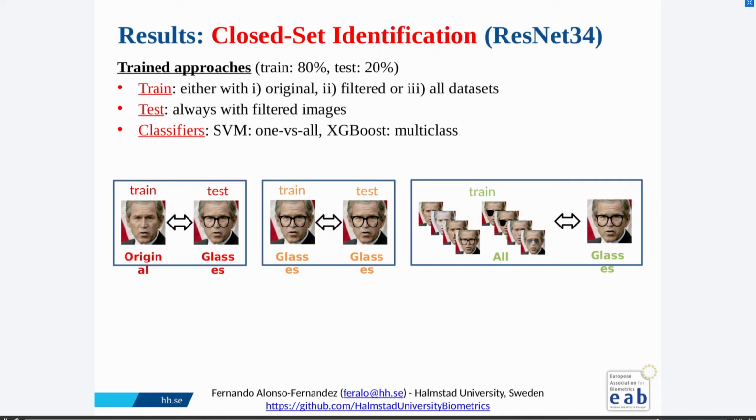We have also trained some approaches to do closed set identification, and we have tested different training mechanisms. So for example, if you want to identify images with glasses, we have trained a system with the original pictures, so we just use that classifier, or we have tried a second option, a system which is trained with the same type of perturbation.